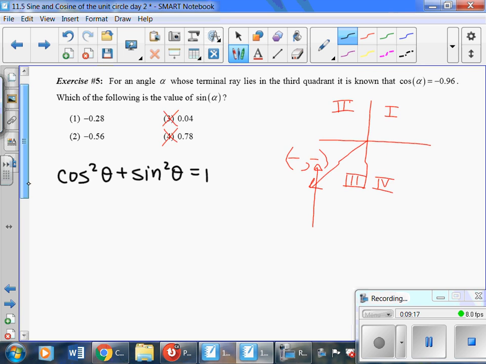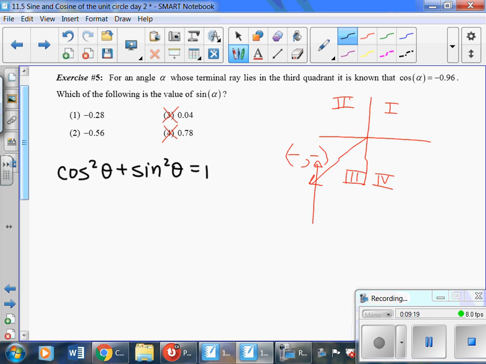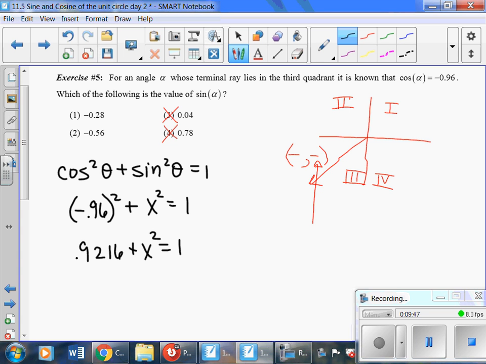So they tell us that the cosine is negative 0.96. So negative 0.96 squared plus, instead of just saying sine, let's just say x squared is equal to 1. All right, so now 0.96 squared is 0.9216 plus x squared is equal to 1.